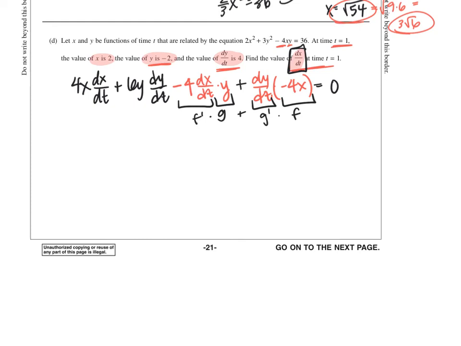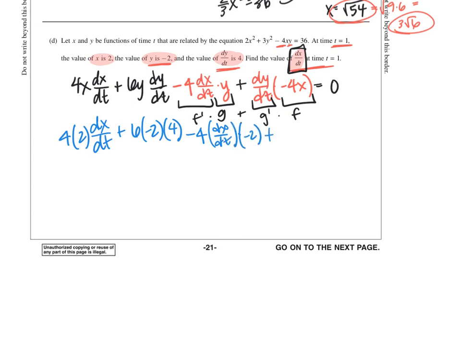Plug it in: 4, my x is 2, my dx dt I don't know, plus 6, my y is negative 2, my dy dt is 4, minus 4, my dx dt I don't know, my y is negative 2, plus my dy dt is 4 times negative 4, my x was 2, equals 0.